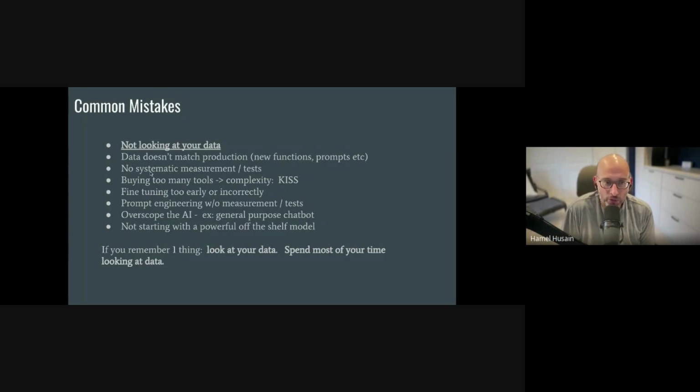People struggle with no systematic way of measuring their large language models. There's a lot of vibe checks going on, but people struggle with systematically measuring things. To give you an idea, you have all these unit tests.